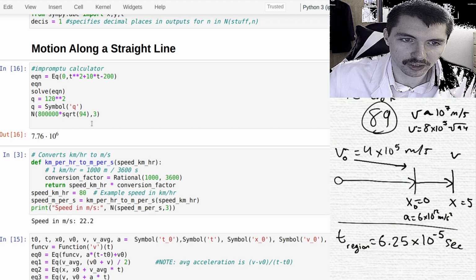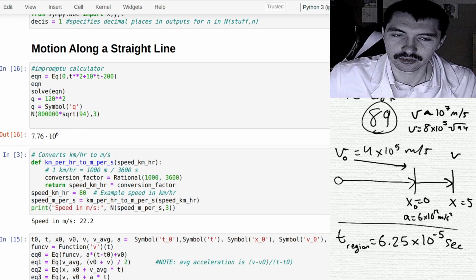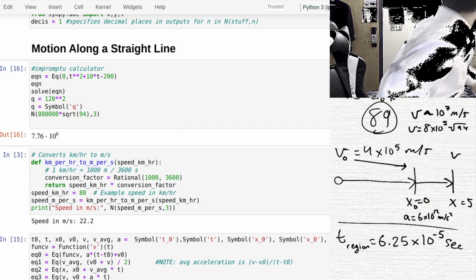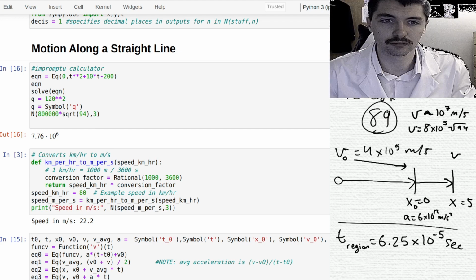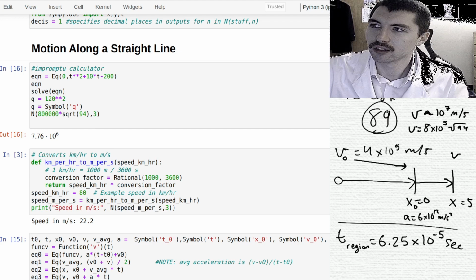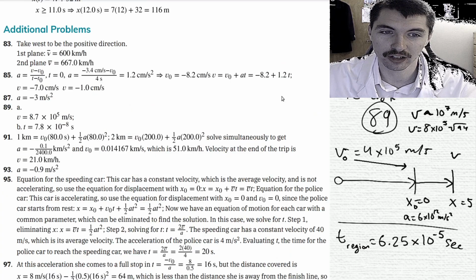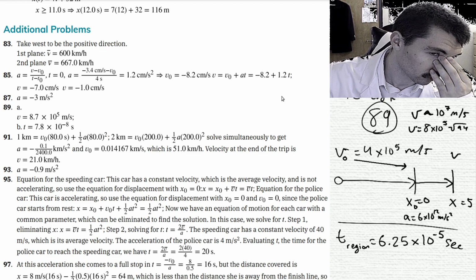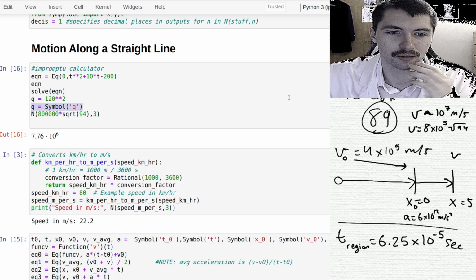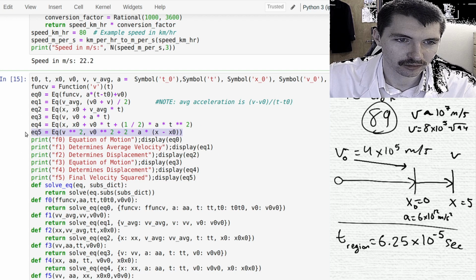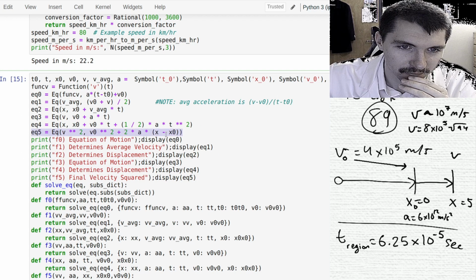Okay, so when I actually calculate it, I get 8 times 10 to the 6. The book's getting 8 times 10 to the 5. So not sure. Maybe we should double check this is correct.